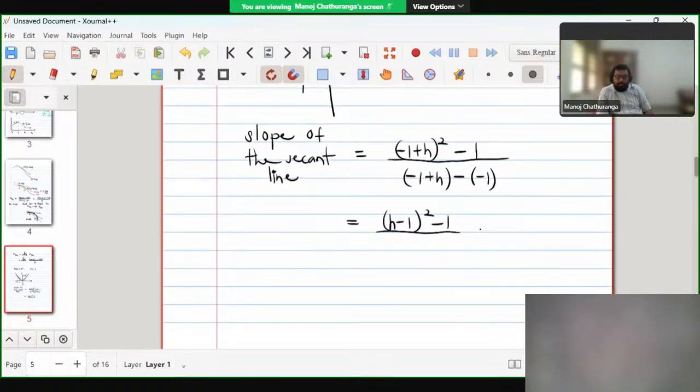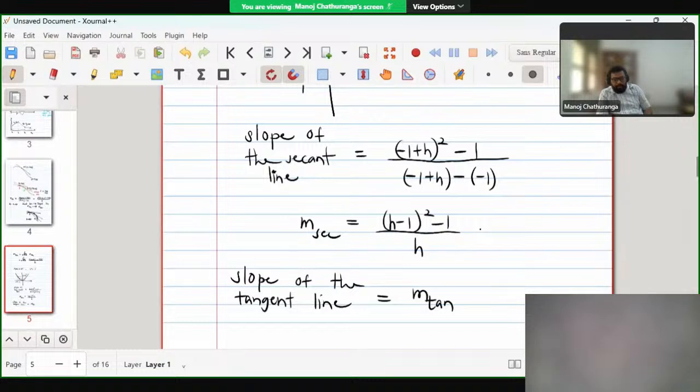The denominator is h. So this is m sec. Then the slope of the tangent line: we get the tangent line when h goes to 0.